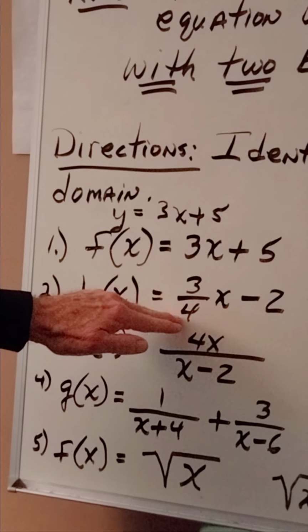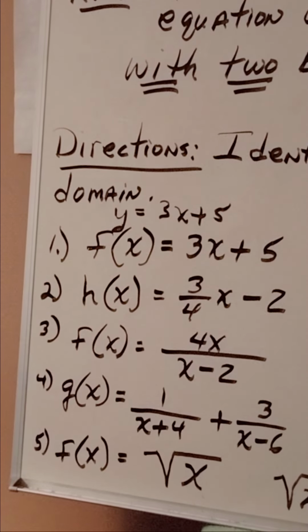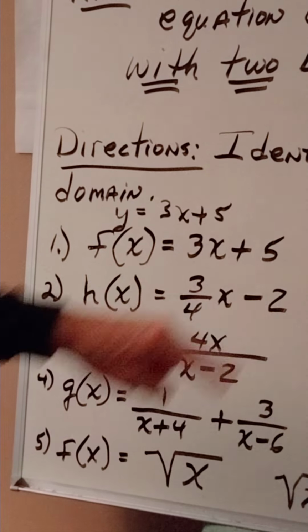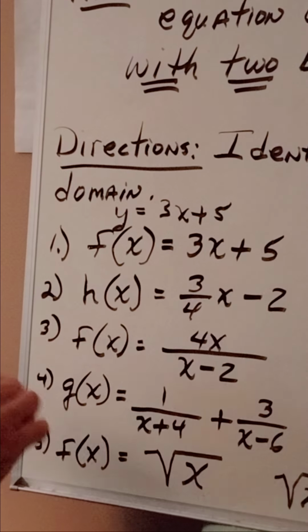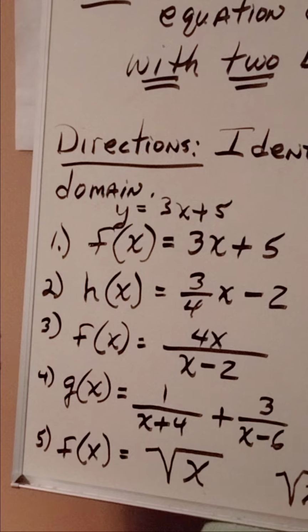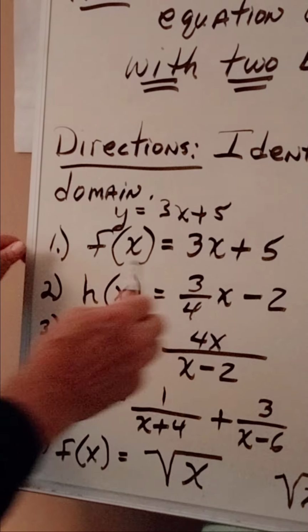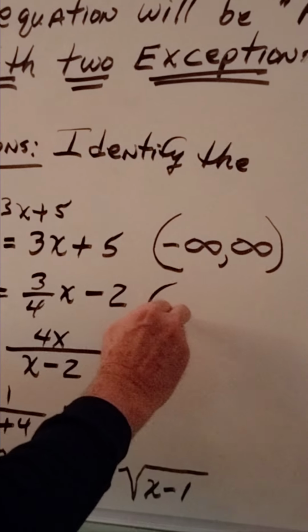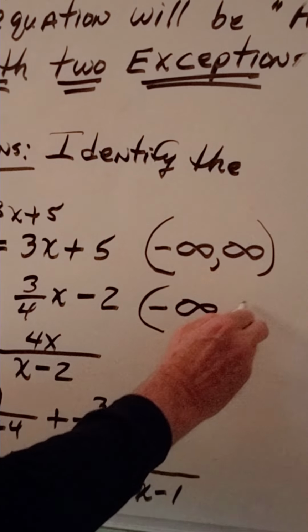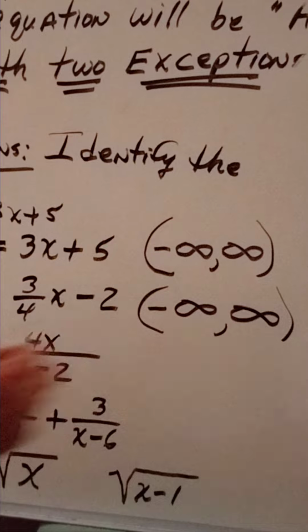It's not down here by the 4, it's not in the denominator. It's 3/4 x minus 2. And once again, no domain letter in a denominator, no square root function. The entire set of real numbers. No work.